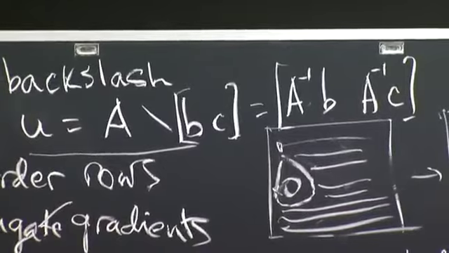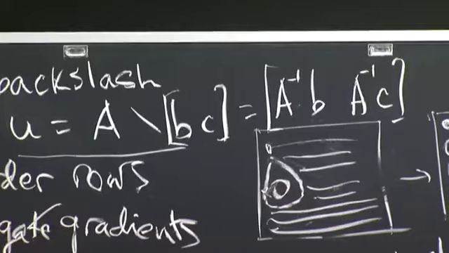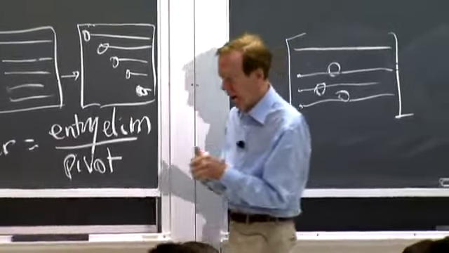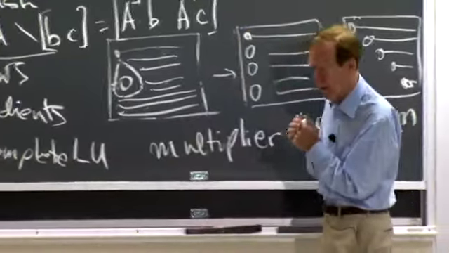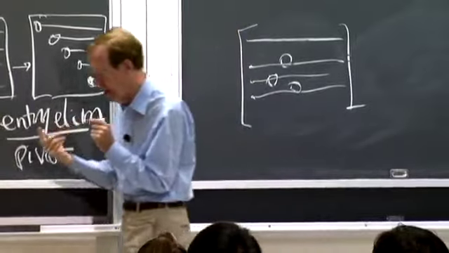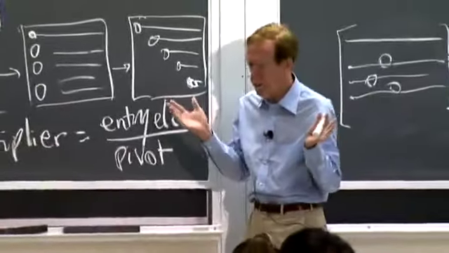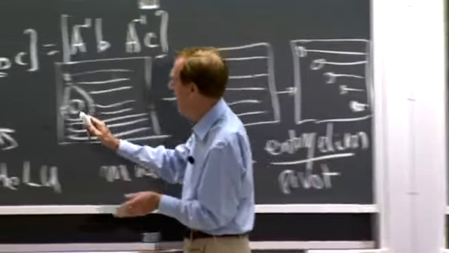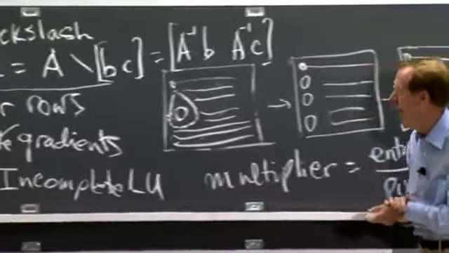Will it do that by finding A inverse? No. A inverse, for multiple reasons, we don't often compute. If it's 3 by 3, 4 by 4, then it's not a bad idea to see what A inverse looks like. We'll do that, actually, because it's very enlightening: if the matrix is small, you can see what's going on. But for a large problem, we don't want A inverse. We want the answer. And backslash goes to the answer. It doesn't get there by computing A inverse.